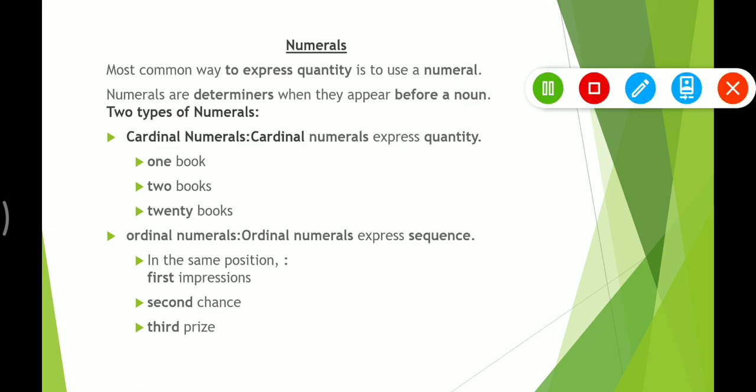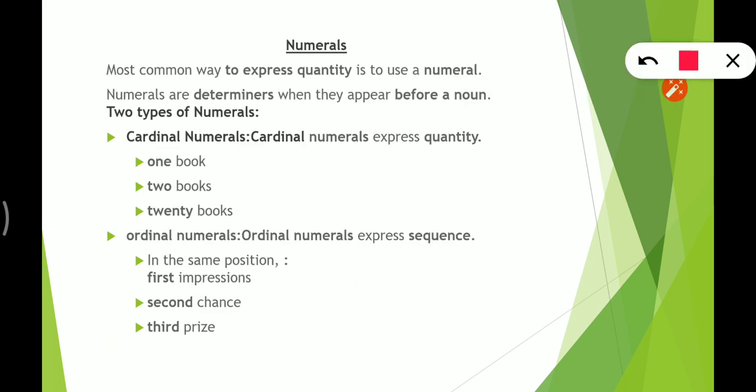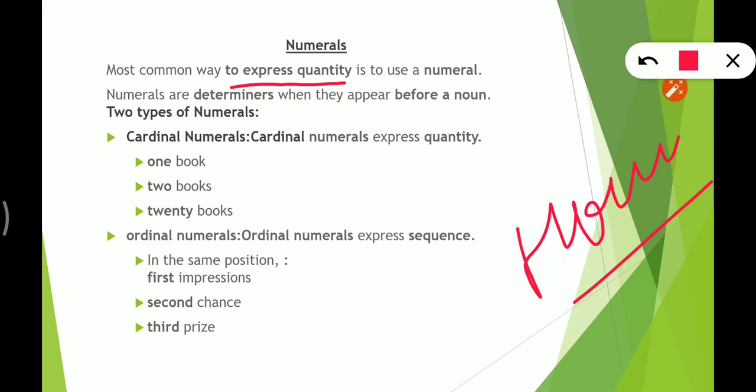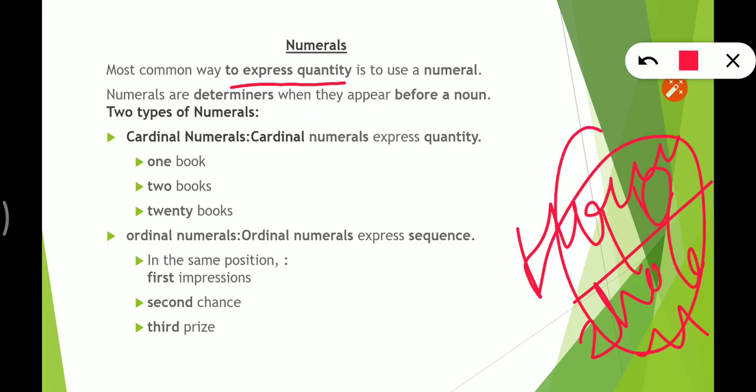Now here we have numerals. As I had told you, numerals are the most common way to express quantity. For example, I ask you how much time do you spend on your studies? 2 hours, 4 hours, 6 hours, 10 hours, such answers, okay. Now they are of two types, cardinals and ordinals, right?